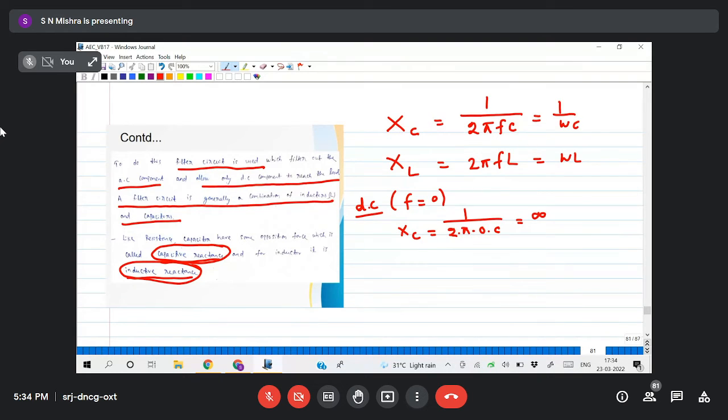Am I correct? Can I conclude that from X equals infinite? Yes, sir. When I pass a DC signal, it will be opposed by this capacitor with infinite impedance.